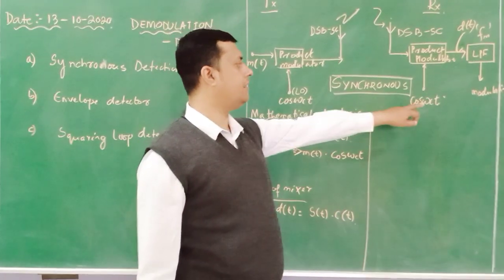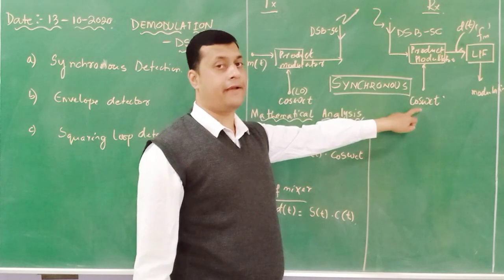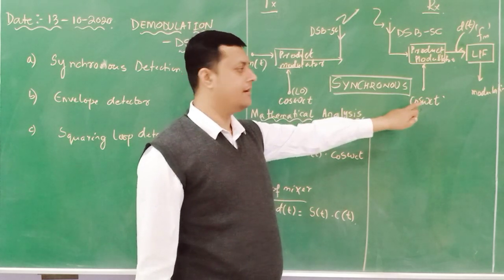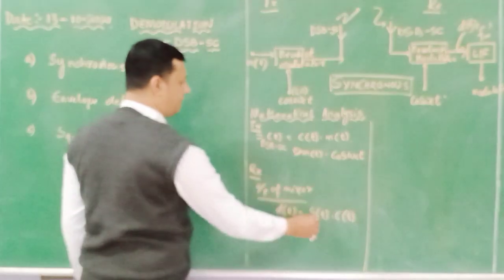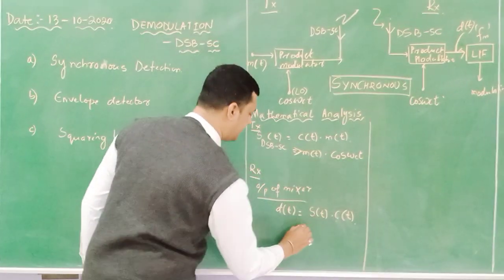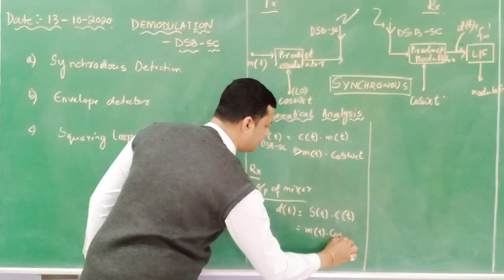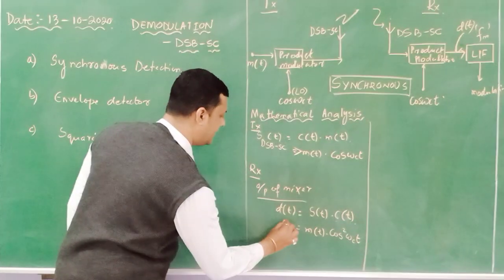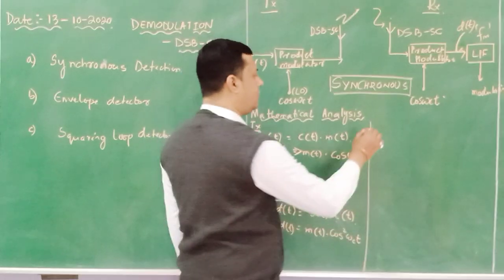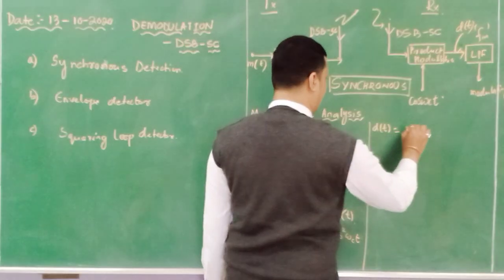Now here we have synchronized it. We have also discussed what will happen if there is a phase difference, so we will discuss that also. First, S of t is multiplied with the carrier. We will get M of t cos square omega ct. So this is the D of t. Now this D of t needs to be expanded so that the harmonic components can be known.